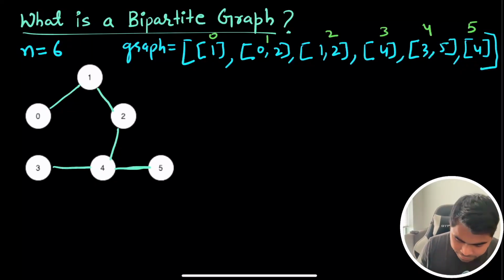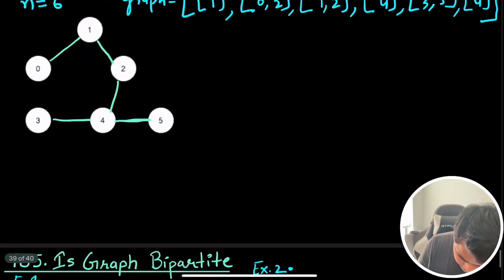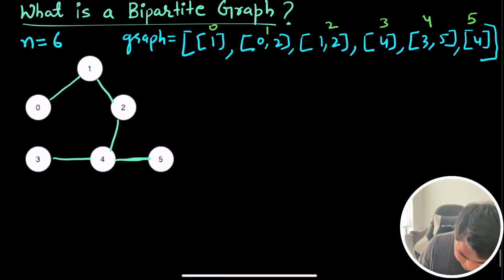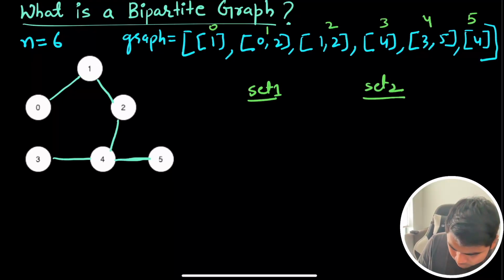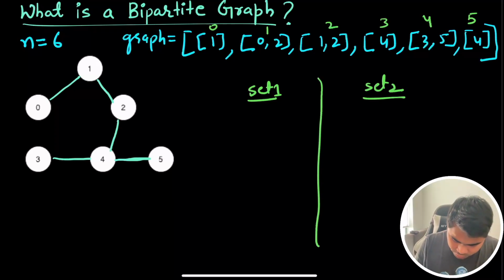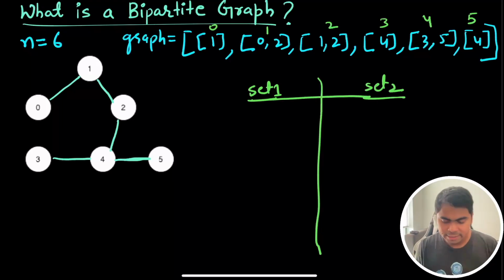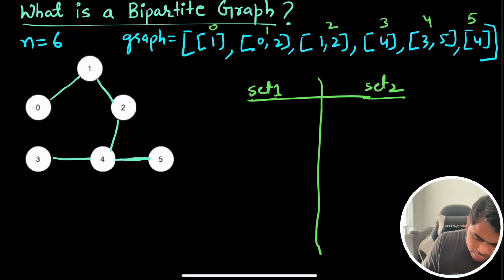So I can say that here there will be basically set 1 and set 2. Can we group these nodes into two separate sets, such that no two adjacent nodes are in the same set? And we will do the coloring as well at the same time. So let's say I choose two colors, red and blue.